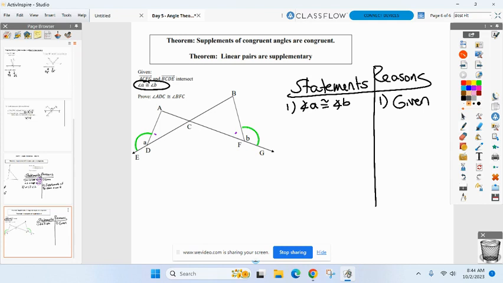All right? Whoa, we're not ready, though. This isn't going to be two steps. Make a little note here. This is a great fact to use, but you must have supplementary angles in your statements first.